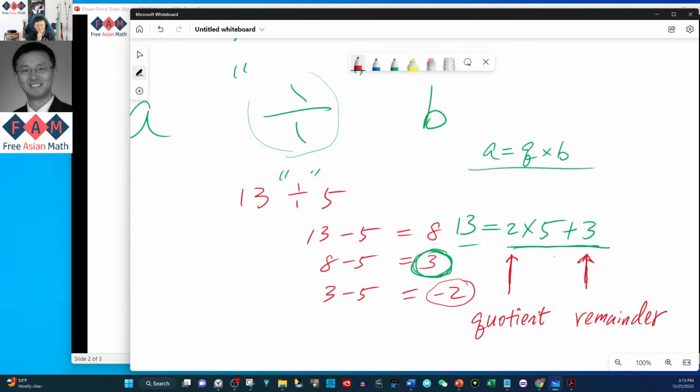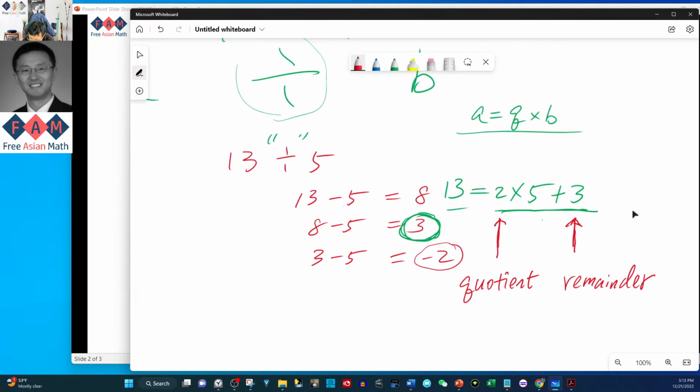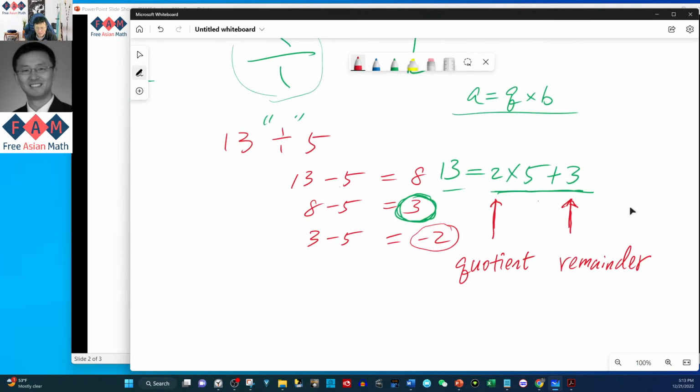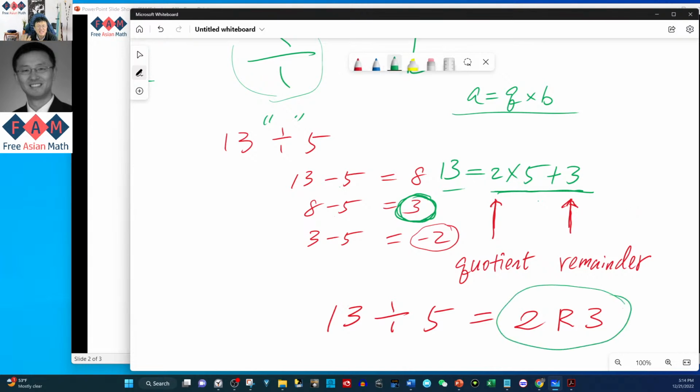But even if we understand this perfectly, for the reason we already discussed at the very beginning of today's lecture, we cannot, or we should not, write 13 divided by 5 as something like 2 or 3. We already discussed why. Because this notation is ill-defined.